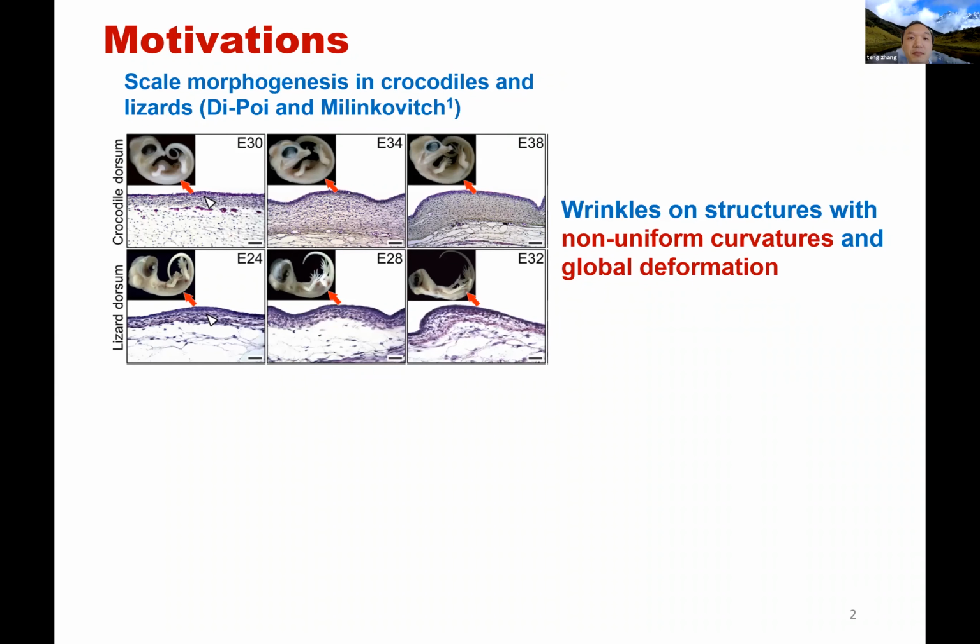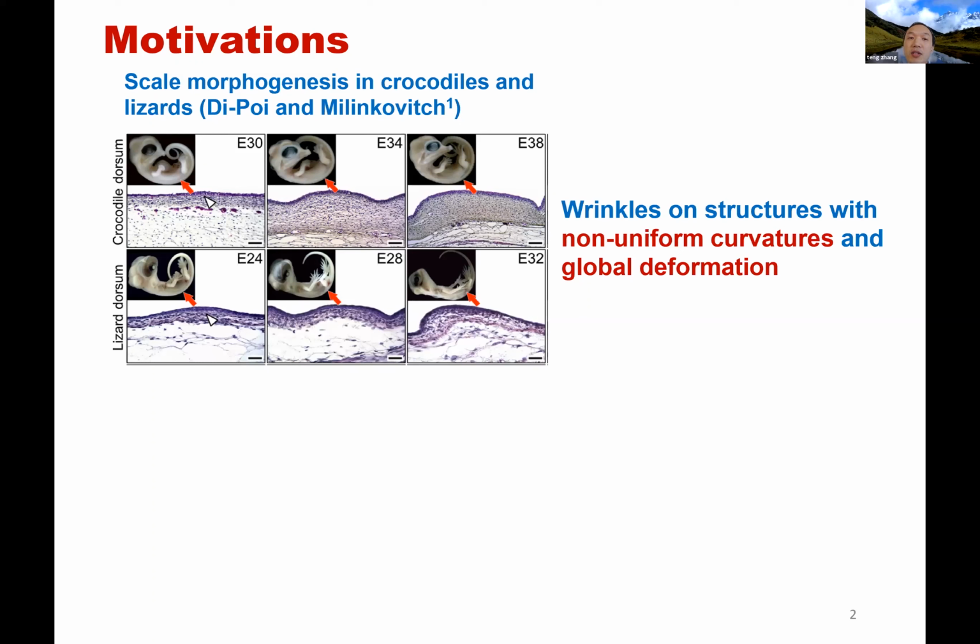At first, you can see the first image, that's the embryo development process in the crocodile and the lizard. For the early stage, the embryo is kind of a curved cylinder. And when the embryo grows, it becomes bigger, and at the skin you will see some wrinkled deformation.